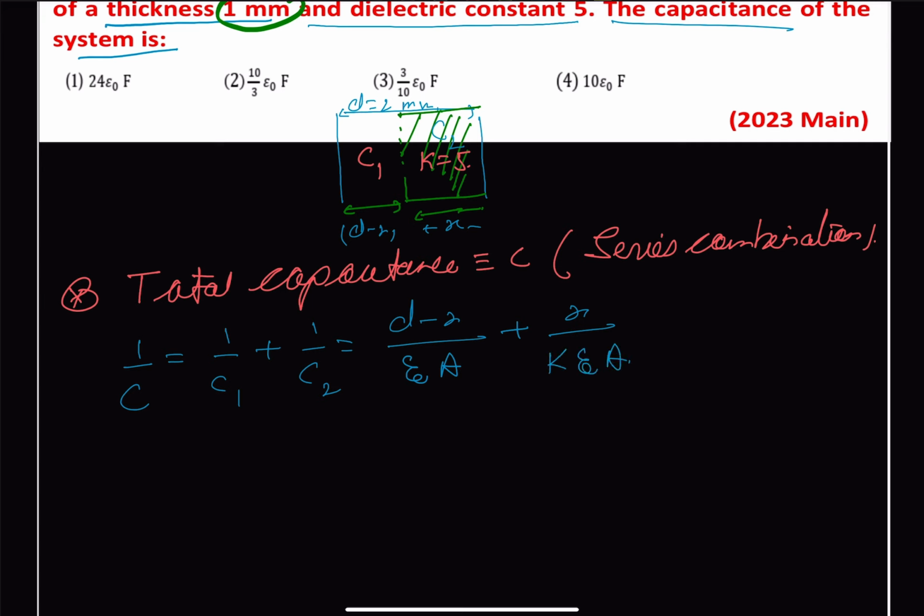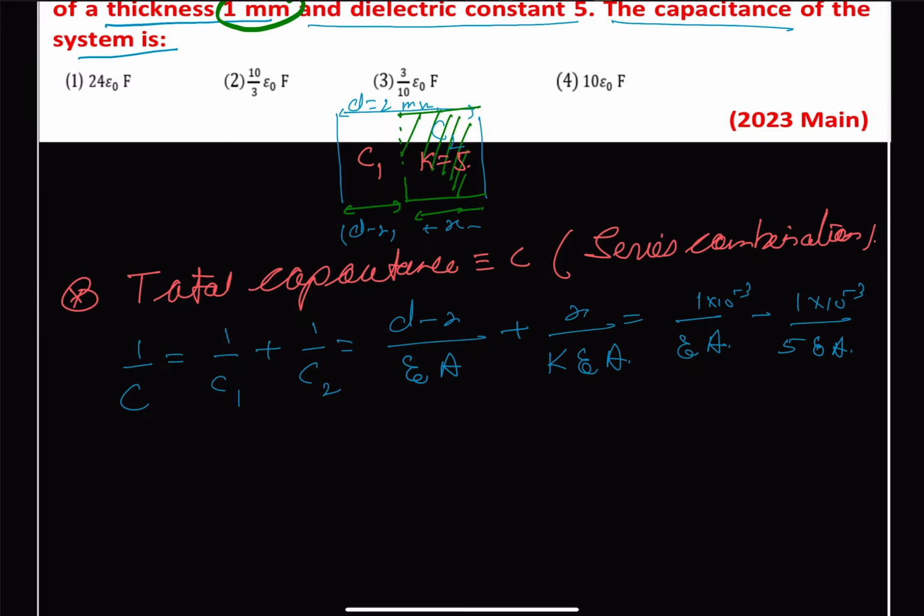Now we can just substitute the values. d minus x was 1 millimeter, so this comes as 1 into 10 to the power minus 3 divided by epsilon a, plus this will be also the same 1 into 10 to the power minus 3 divided by 5 epsilon times a.